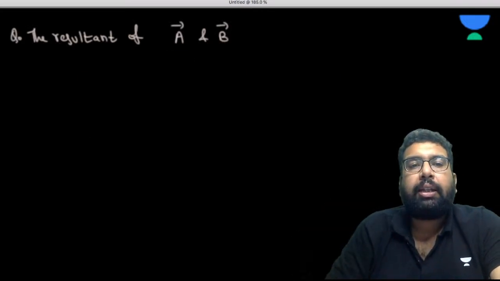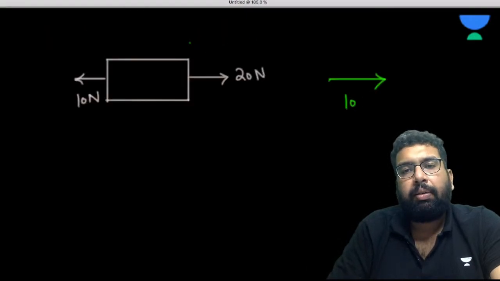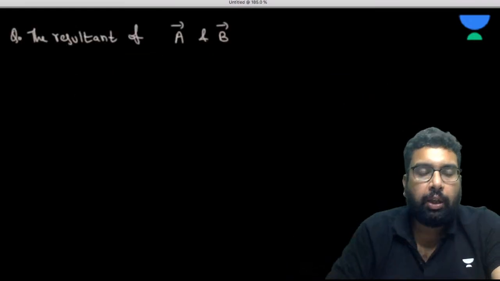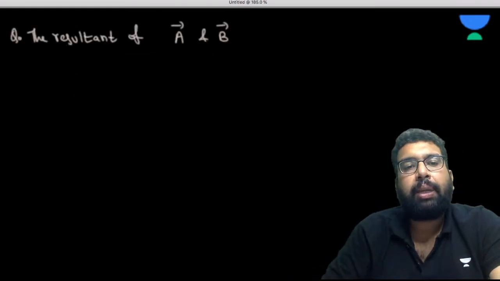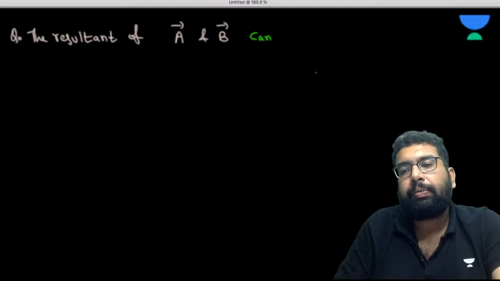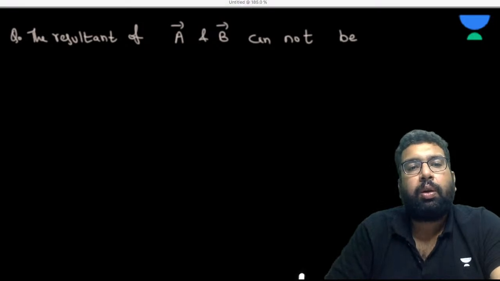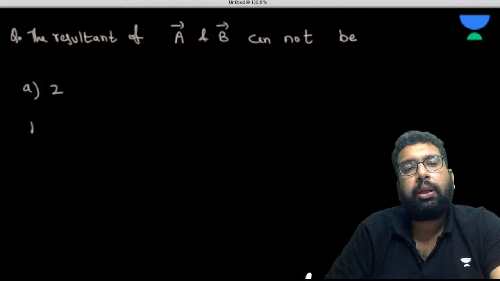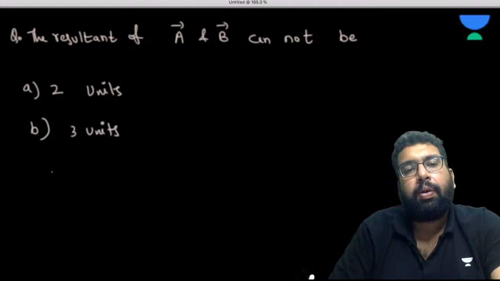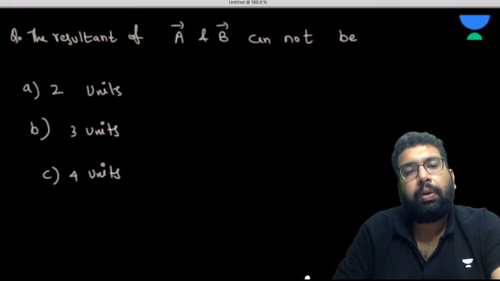Now, it says the resultant of vector A and B cannot be... I'll give you the options: 2 units, 3 units, 4 units, or 8 units.